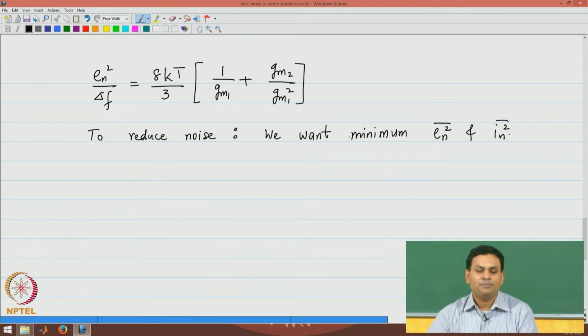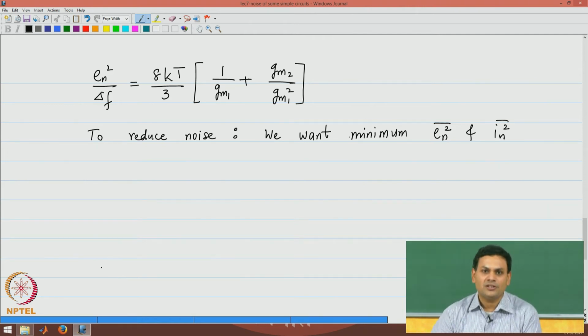In other words, if you are trying to create a circuit that is not very noisy, you want to minimize the magnitude of En squared and In squared. So, let us apply that philosophy to this particular circuit, the common source amplifier with an active PMOS load. Let us say we want to minimize En squared.